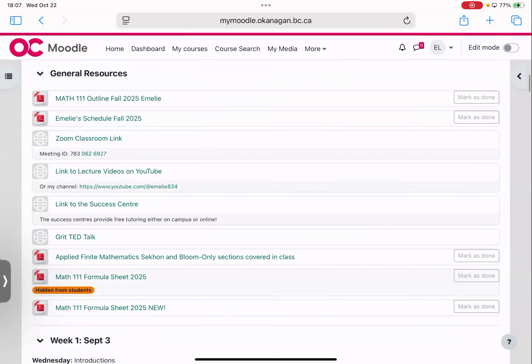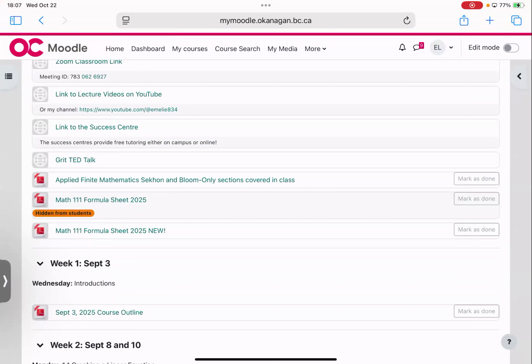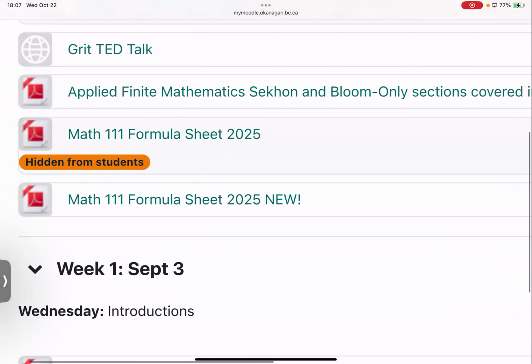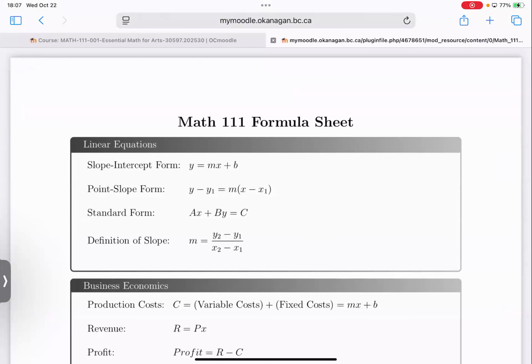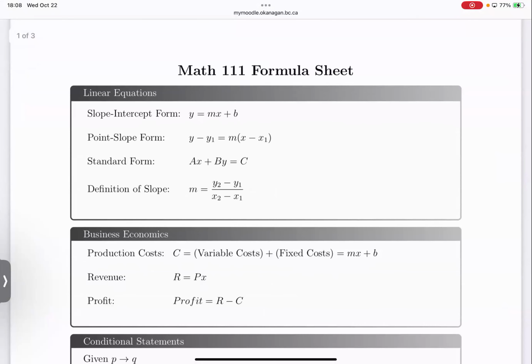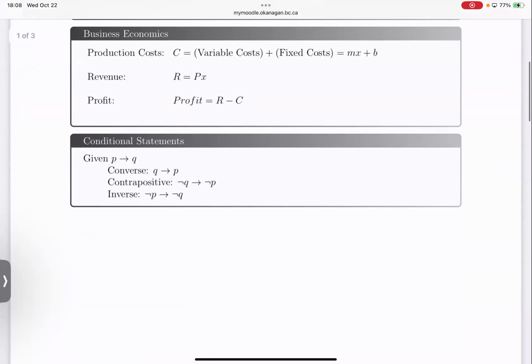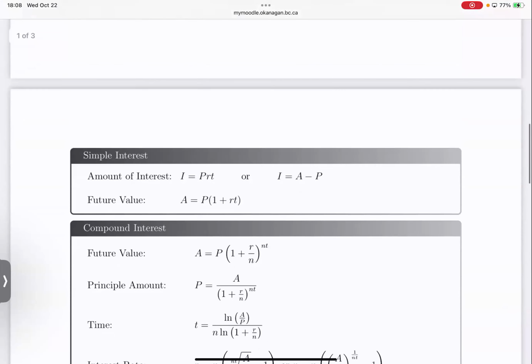I posted, let's see here, the new formula sheet, hopefully the final formula sheet, and it's 2 pages. There wasn't enough room to squish them all onto 2 pages, so they're across 3 pages.